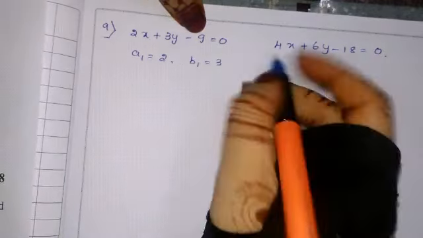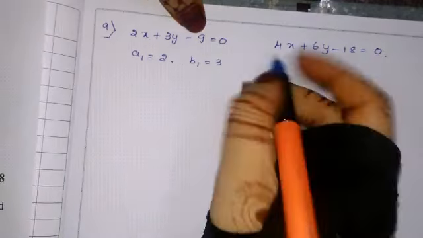So these are the values of the two equations. Let us see which condition applies. A1 upon A2 is 2 upon 4. 2 ones are 2, 2 twos are 4. We got 1 by 2.